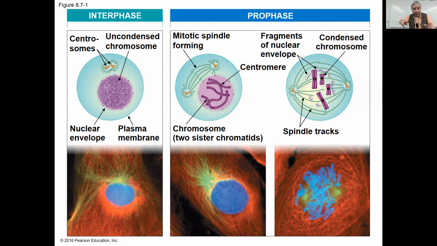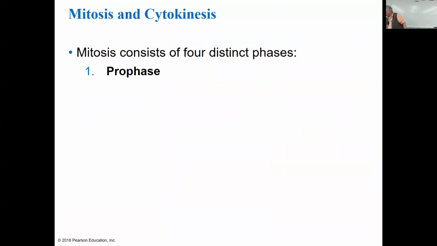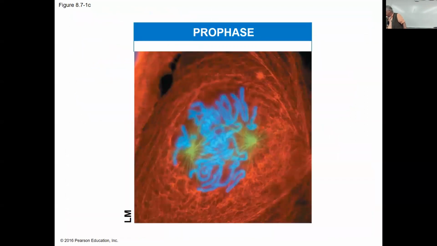The nuclear membrane disintegrates, and then in late prophase, the spindle fibers attach to the centromeres and start yanking and pulling chromosomes. So that's prophase. It's just a jumble of chromosomes, just a random jumble of chromosomes.